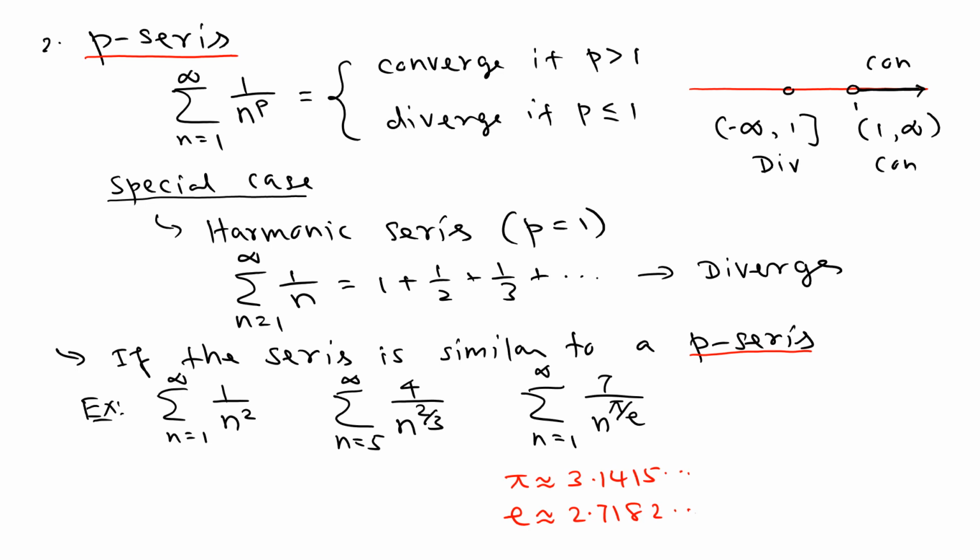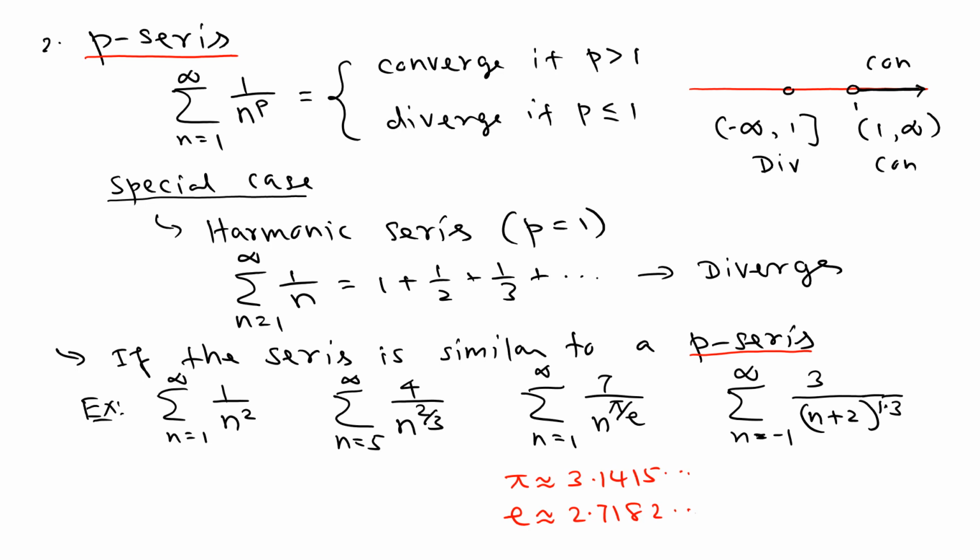Also there are some series which are not really P series, but can be very close. So for example, n starting with 1, 3 over n plus 2 to the 1.3, something like that. You can see that it is just a shifting. What the plus 2 does is just shift, so it doesn't change the convergence.